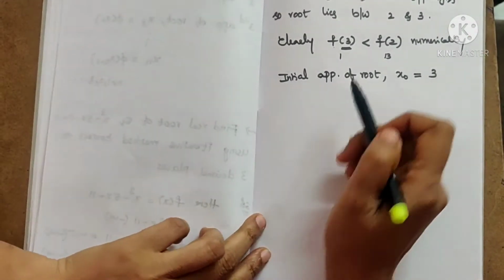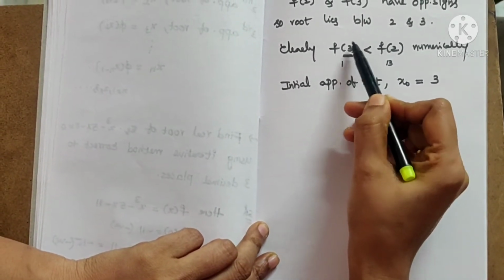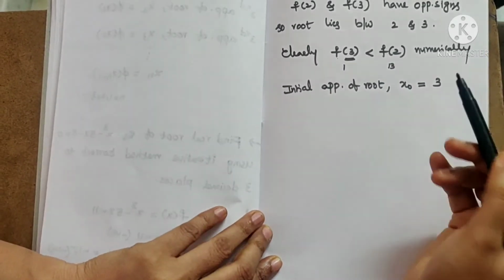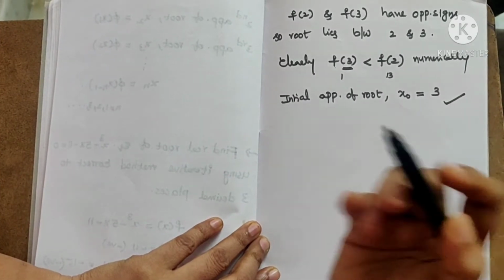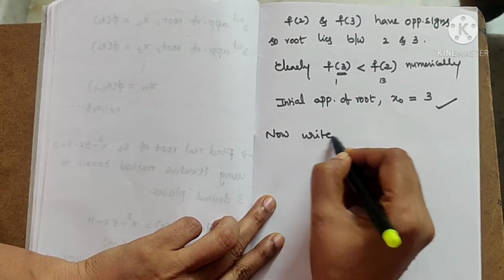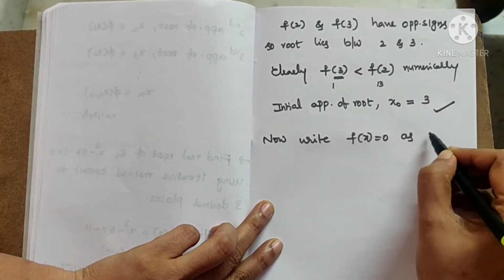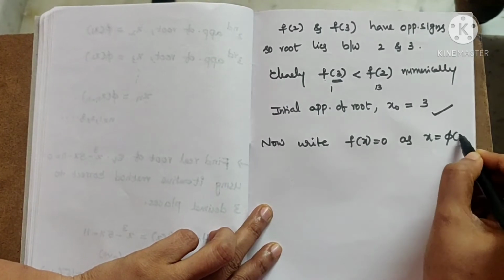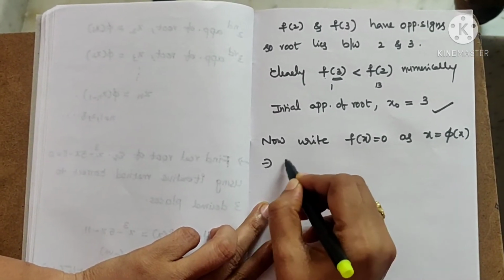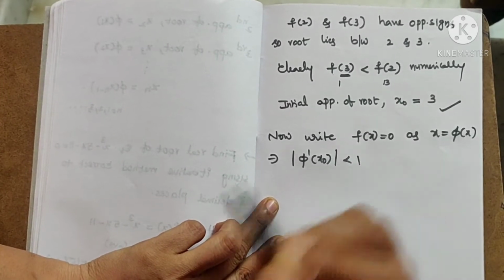Here f of 3 is less than f of 2, so the initial approximation is 3. After getting the initial approximation, now write f of x equal to 0 as x equal to phi of x such that modulus of phi dash of x naught is less than 1.